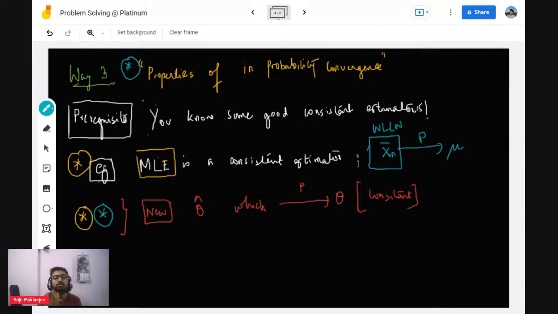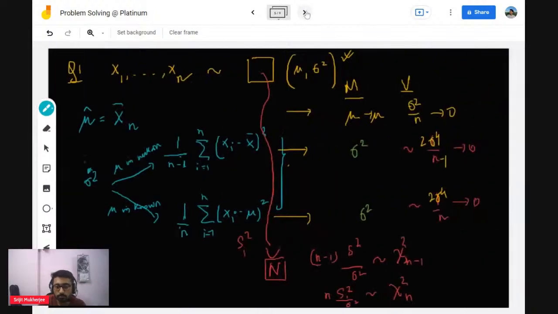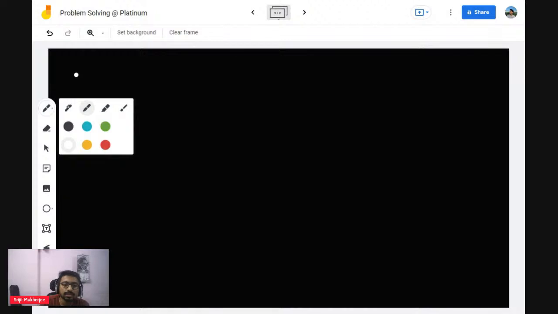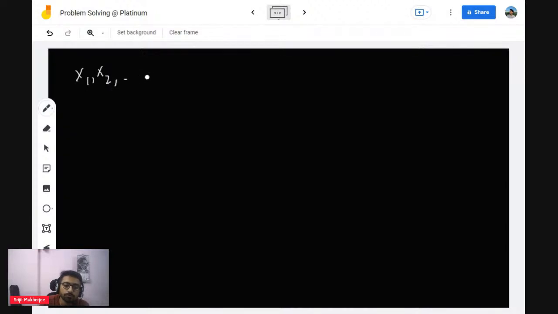Now you can combine these two, MLE and Xn bar, to find out something really interesting. You can always do that. For example, let's say X1, X2, ..., Xn follow uniform(0, theta).